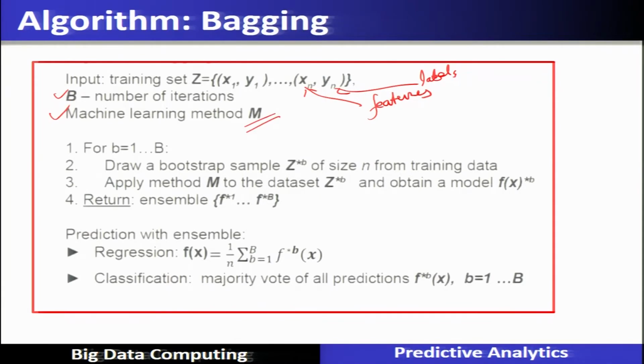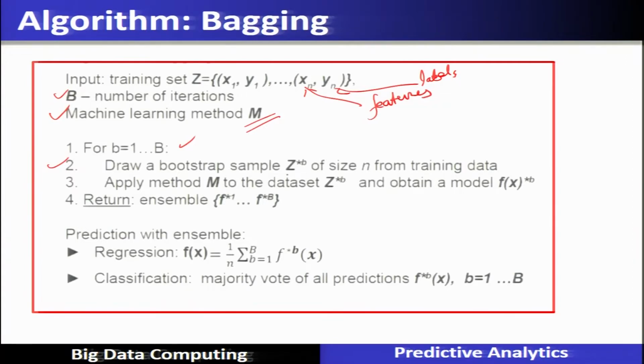Now bagging says that for the iterations from 1 to B, in step number 2, we draw a bootstrap sample z star b of size n from the training data.